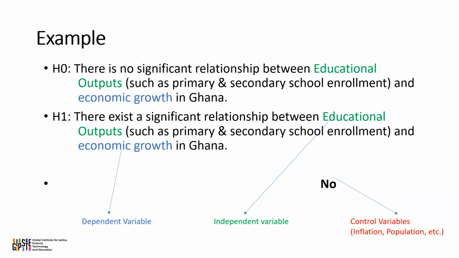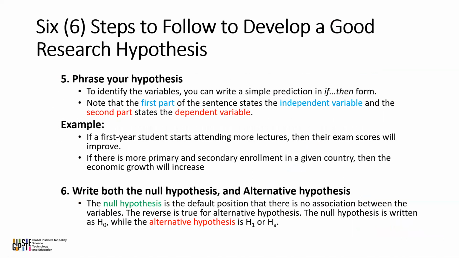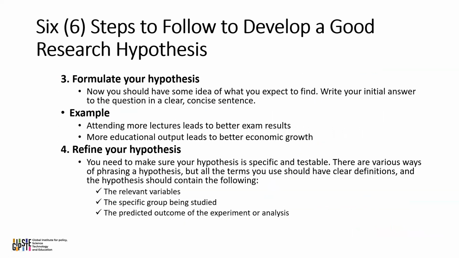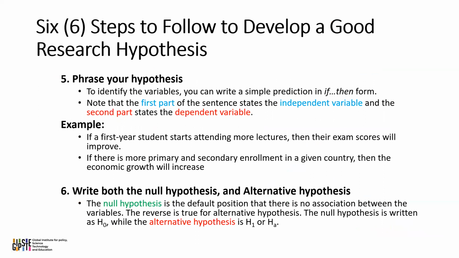Let's tease out the variables in the hypothesis. If you look at the alternate hypothesis, we have educational output highlighted in green, and that reflects the independent variable. Because if you recall, the hypothesis should specify the independent variable in the first part, and the dependent variable in the second part.